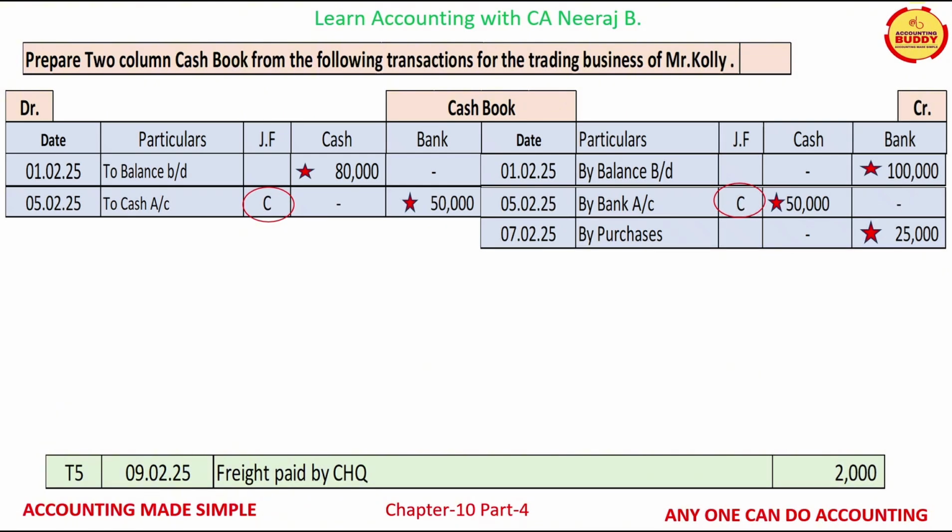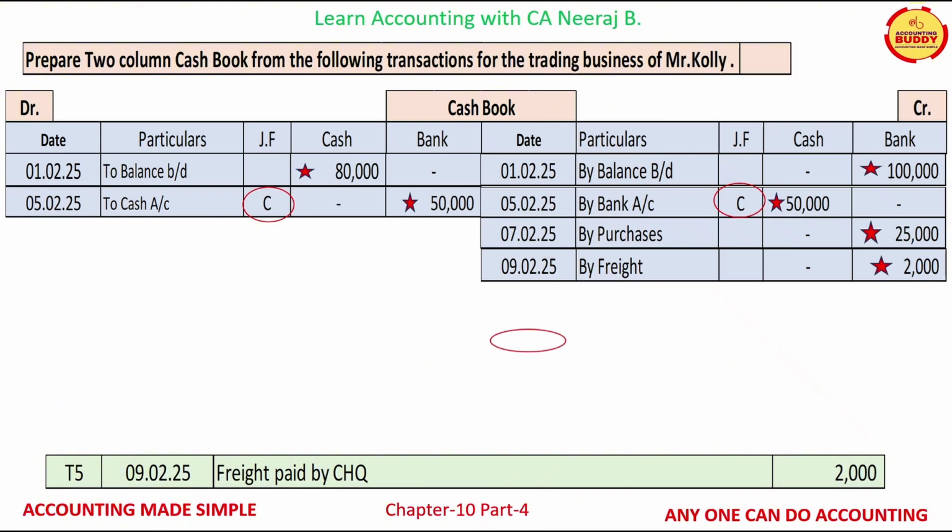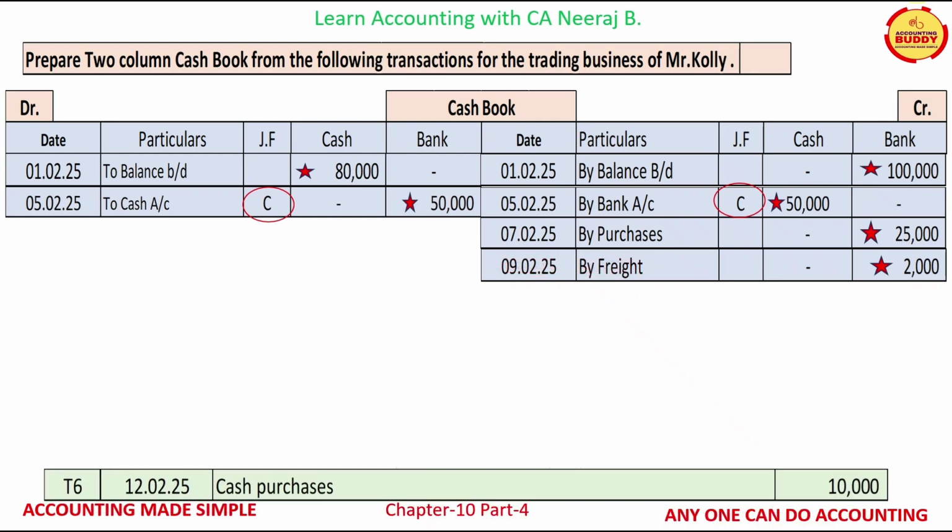Transaction T5 is on 9th February 25, business paid $2,000 freight by check. Since it is a payment transaction, it will be recorded in the bank column on the right hand credit side of the cash book for $2,000 on 9th of February 25 by writing the words by freight account.